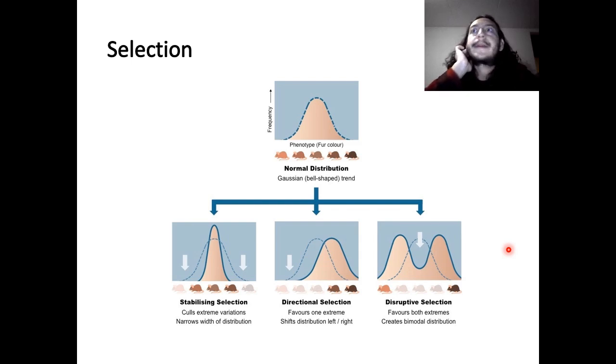And this could be, for example, because there are parts of this population where the soil is quite light, and other patches where it's quite dark, and then both phenotypes can escape predators better than a brown fur individual that is going to be visible in most of the territory, right? So then you're going to have this disruptive selective force that corresponds to the pressures that you find in this population.